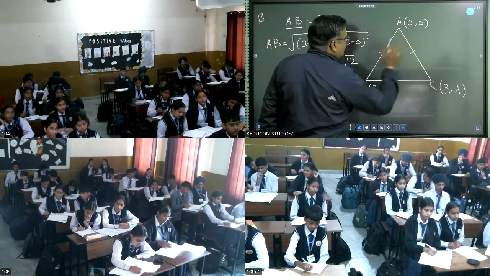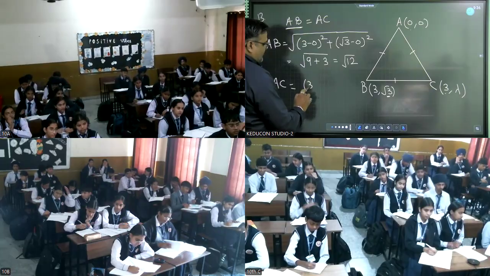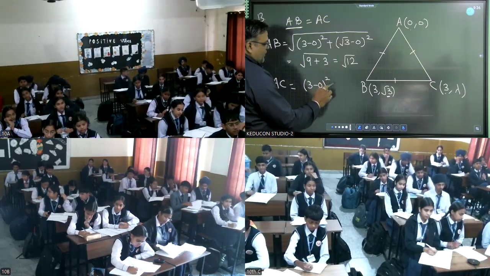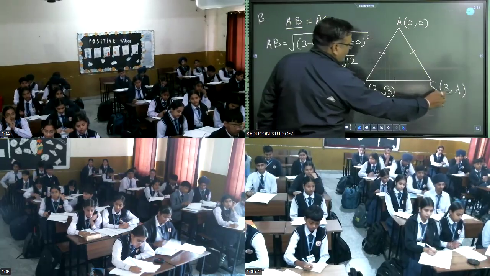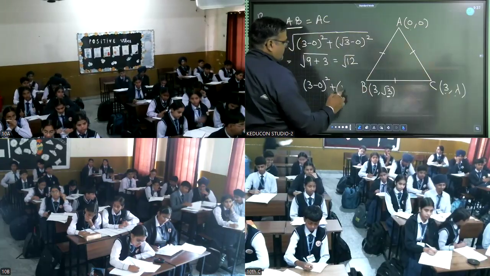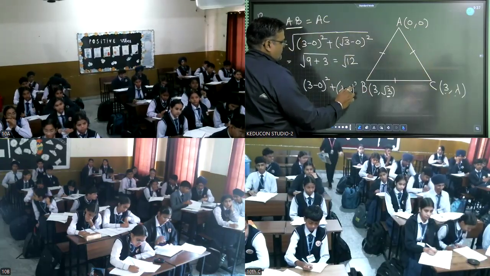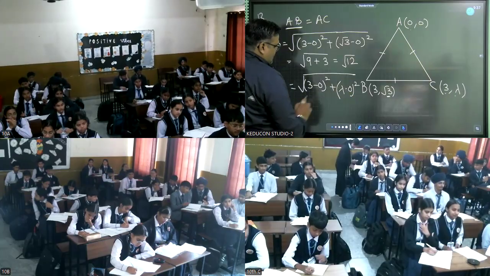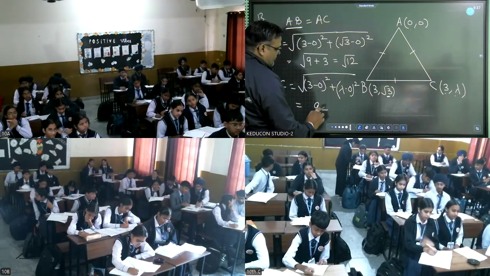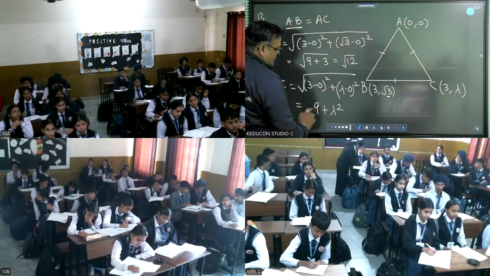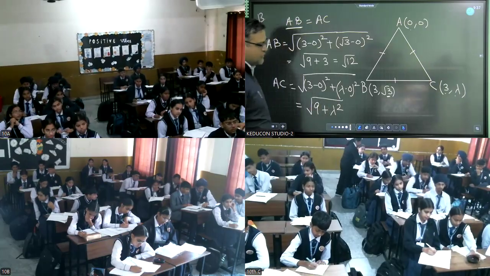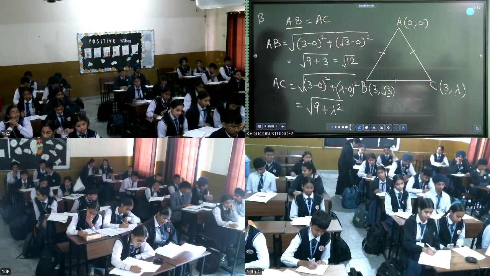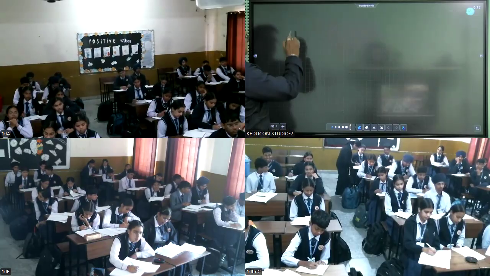Under root x2 minus x1, 3 minus 0 whole square, plus lambda minus 0 whole square. So 3 square will be 9. Right, students? Now equate them.